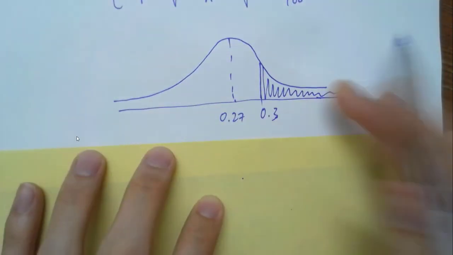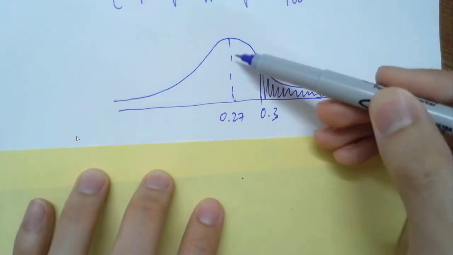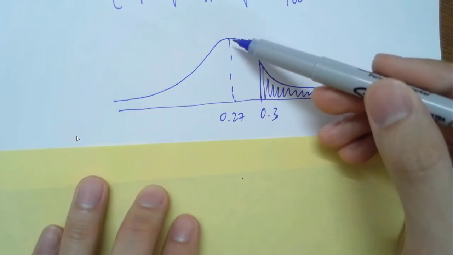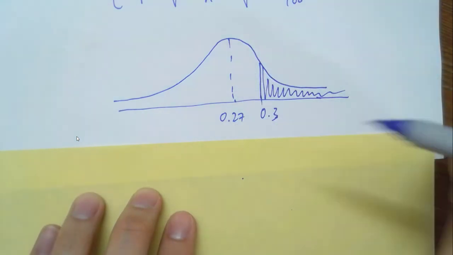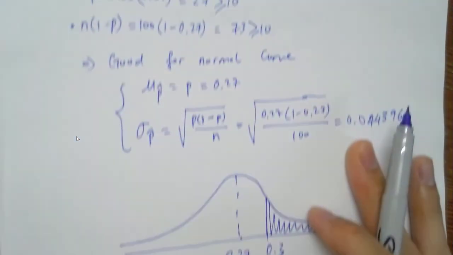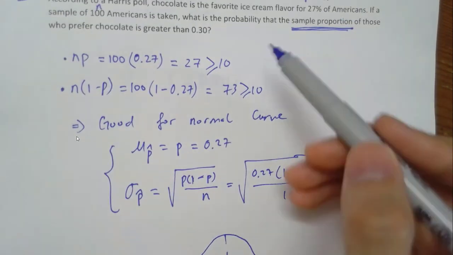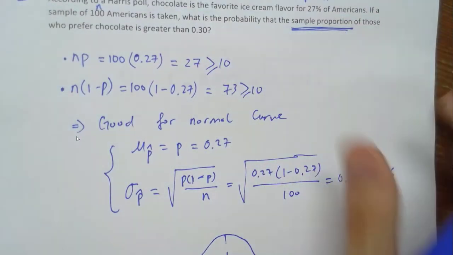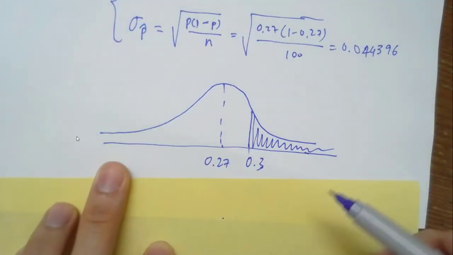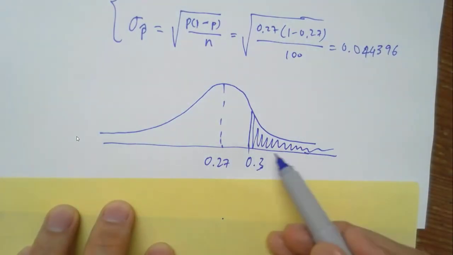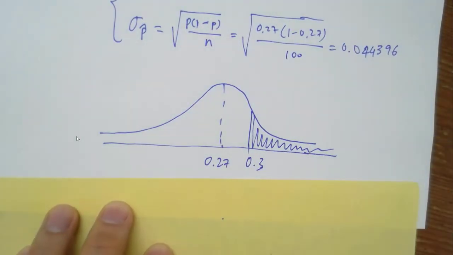The mean is the middle value, at the peak, 0.27. Now we are looking for all the sample proportions bigger than 0.3. That means we are looking from 0.3 all the way to the right. What is the area under this curve here?